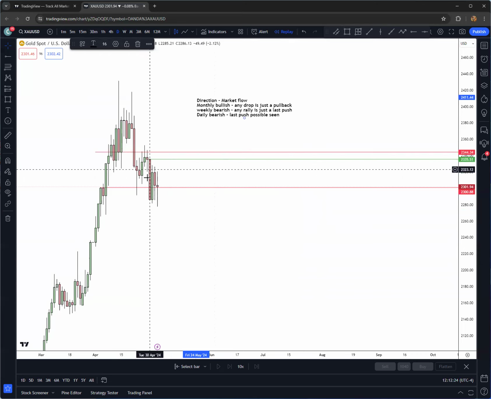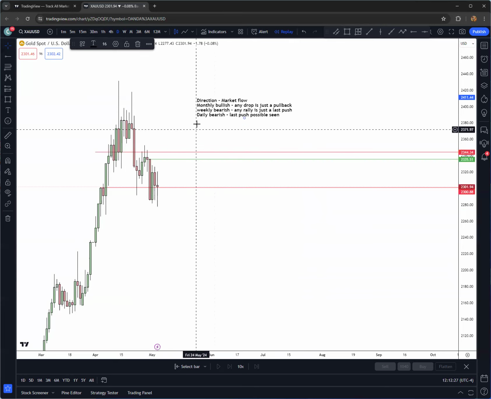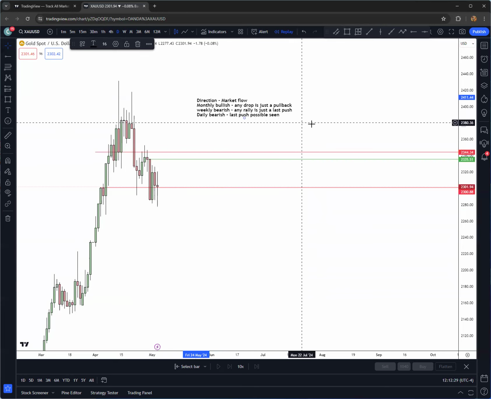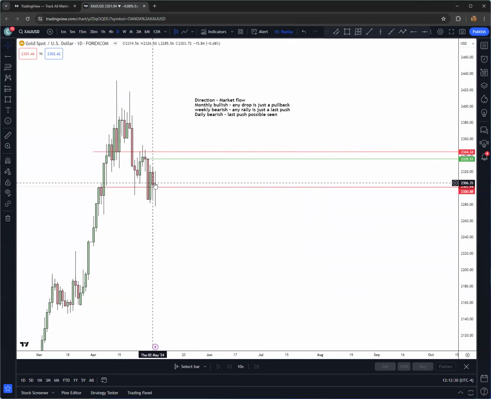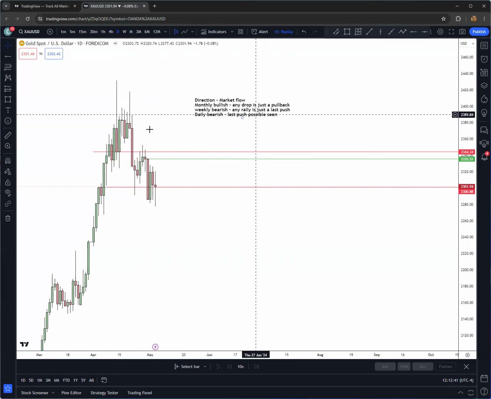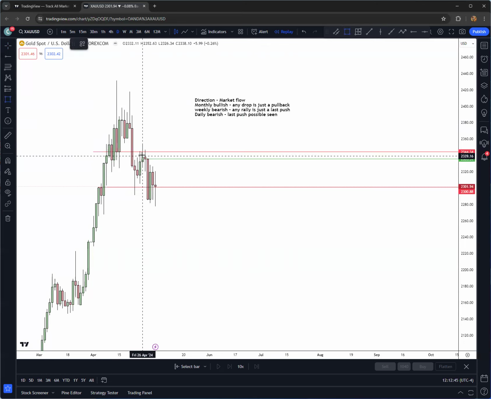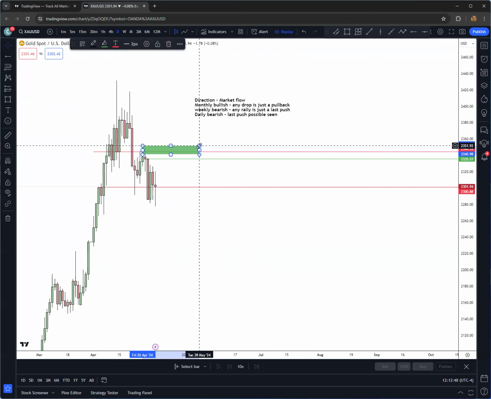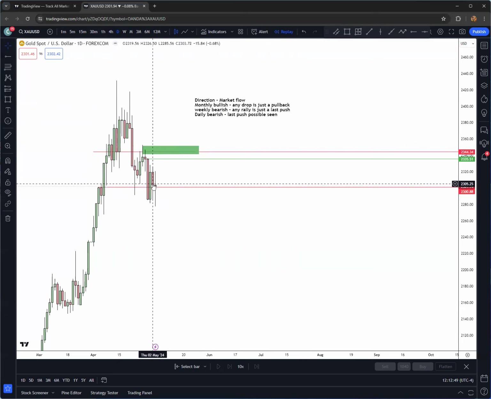But the week is ending. So remember, weekly is bearish and the weekly is waiting for a last push. So you've got to put all those time frames, multi-time frame, into use to understand. Daily could be showing that it's bearish here, but weekly is saying, no, we need a last push. So the weekly candle, as I said, could be coming up into this area here, right, to give you the last push. Daily is bearish.